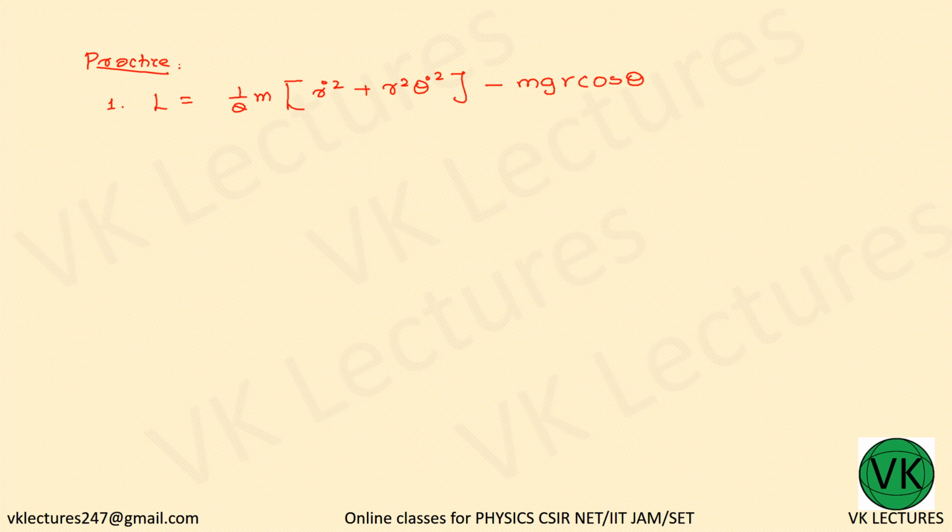Here generalized coordinates are r and theta. You can find out the equation of motion corresponding to r and theta. Another work, Lagrangian is equal to half m r dot square plus r square alpha square minus mgr sine alpha t.